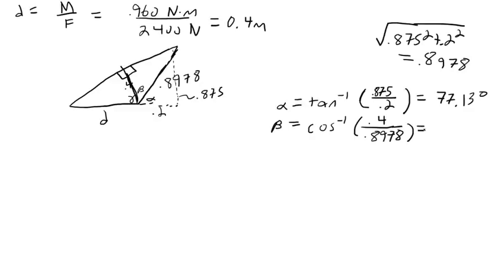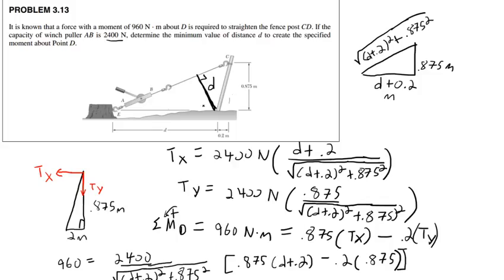Which equals, so we're trying the angular method instead, over 0.8978, which is 63.54 degrees. Then gamma, if this is gamma, beta, and alpha, these all three have to add up to 180 degrees because it's a full half circle.